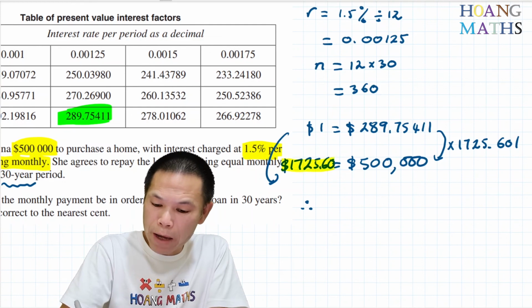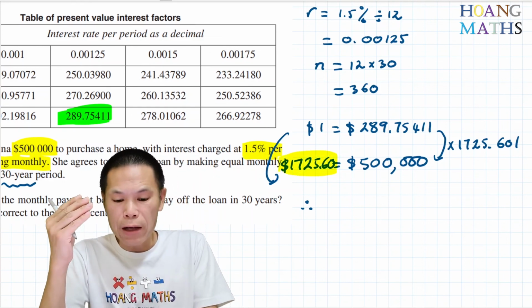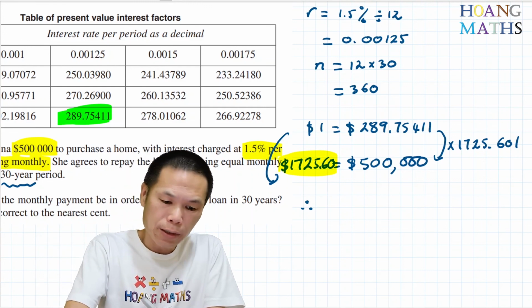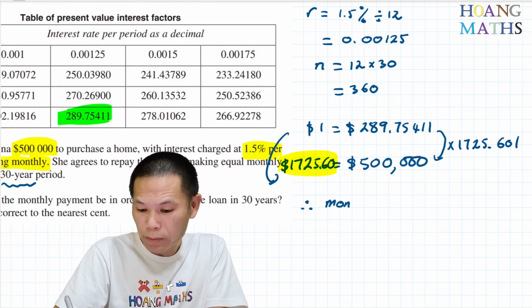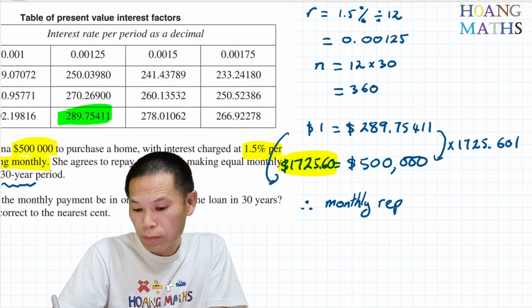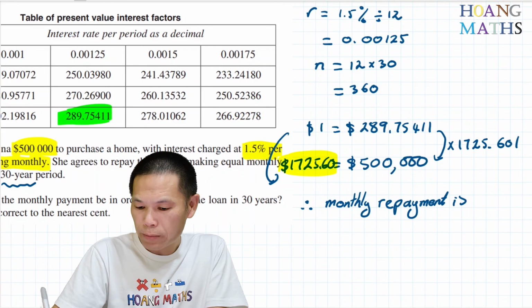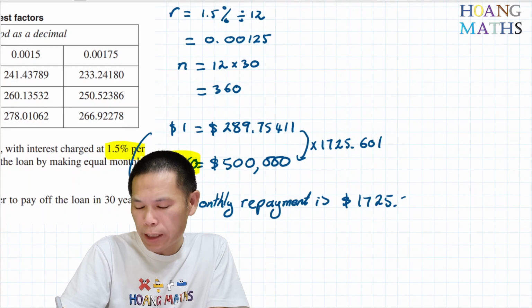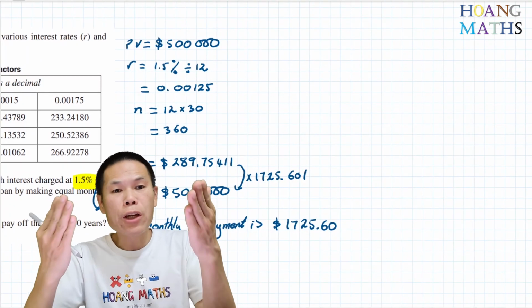So her regular payment is $1,725.60 monthly. So there you go.